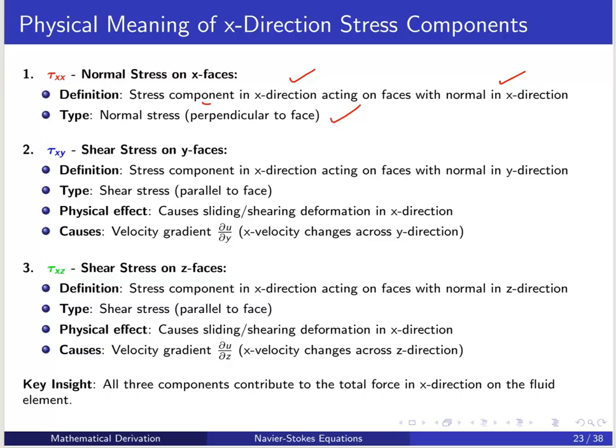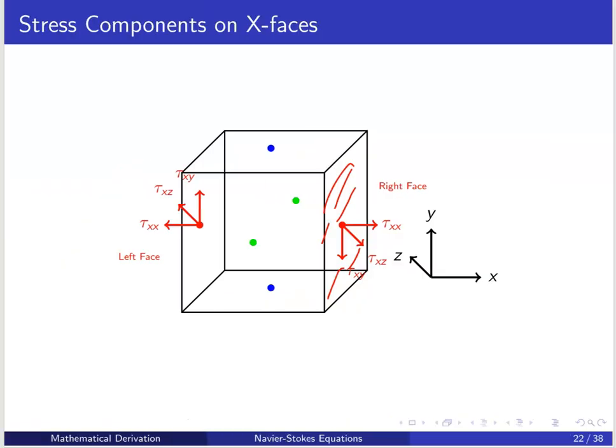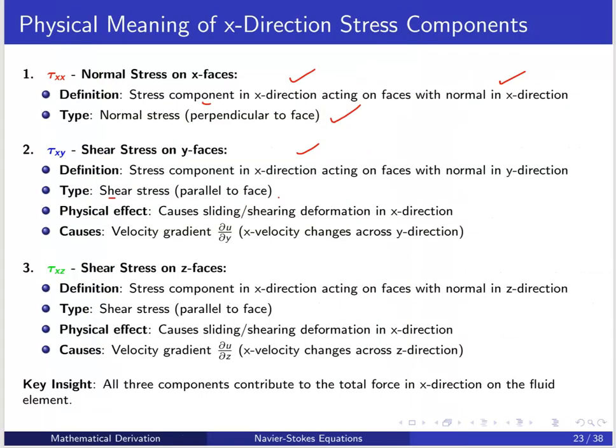And tau xy is shear stress on y faces, the stress component in x direction acting on faces with normal in y direction. So that is shear stress parallel to the faces. You can see here, one is normal to the face, the other two are parallel to the surface.